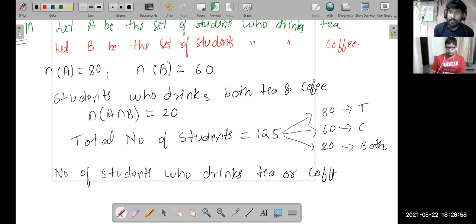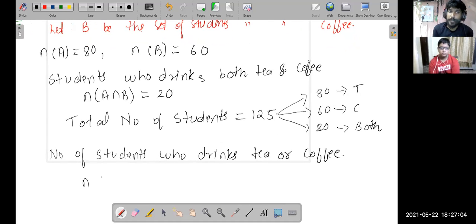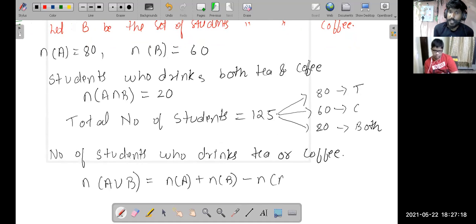First, we'll find out this. What does this mean? Students who drink tea or coffee, that would be n of A union B. And this formula we know: n of A plus n of B minus n of A intersection B. Substitute the values. This is 80, this is 60, and A intersection B is 20.